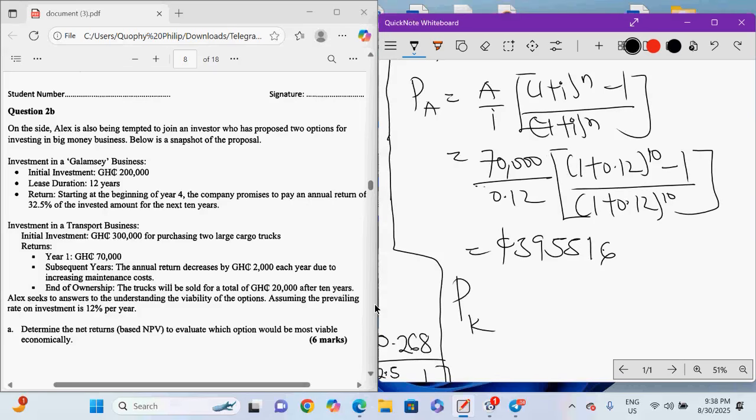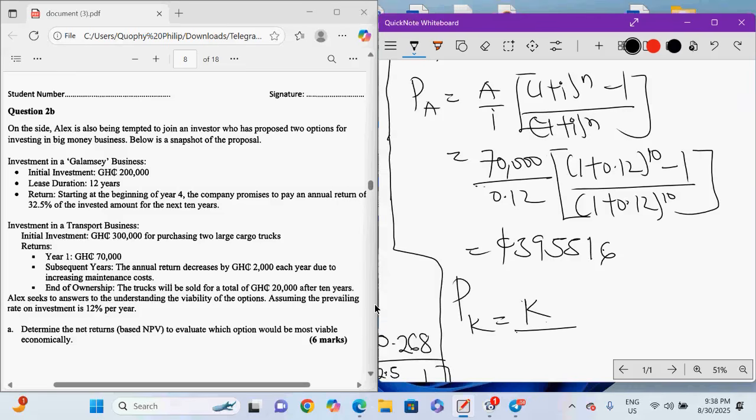Okay, then you now find our gradient. Gradient is what? It is the decrement, or whether it is increasing or decreasing. So the 2000. What's the formula? Let me write the formula first. The formula is given as what?